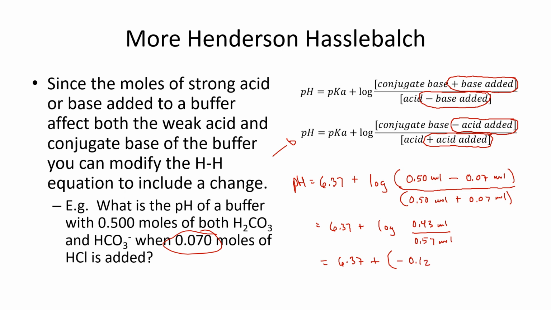And so then, to finish this off, we are going to subtract that. 6.37 minus 0.12 equals, and we'll end up with 6.25 as the pH. So there you go.